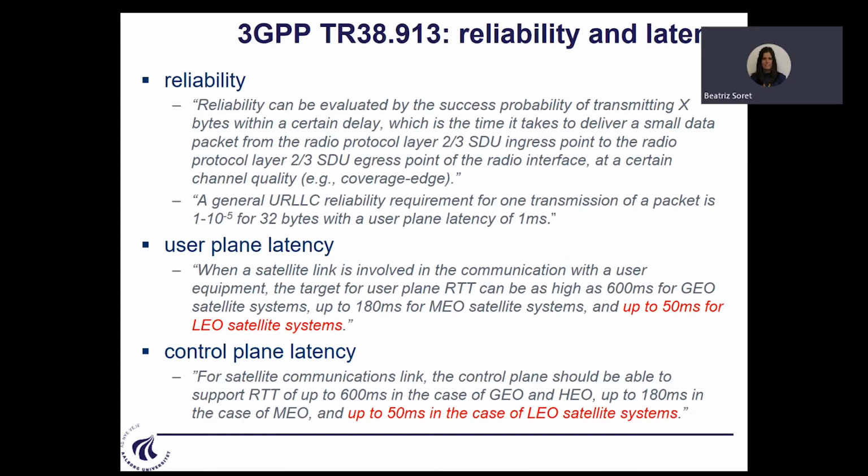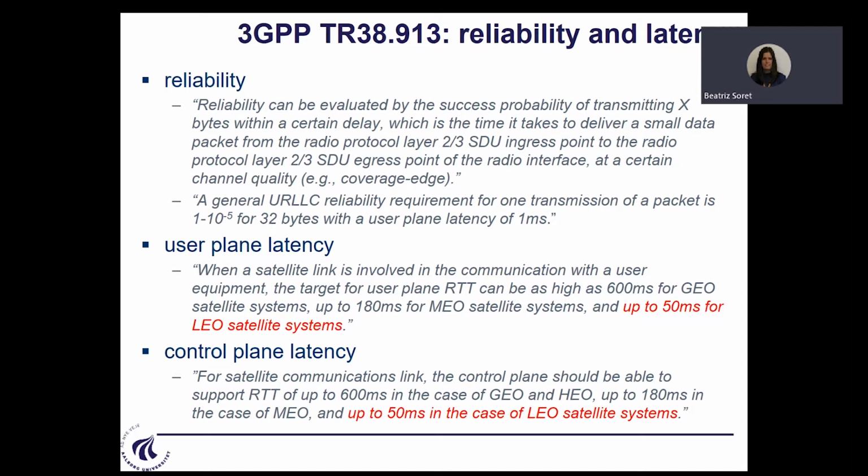Moving a little bit on the work in 3GPP, Cheda mentioned this morning this document where they have the requirements for the 3 use cases, for the 3 connectivity types, URLLC, massive, and eMBB. If we take the text on reliability, there is nothing specific yet about satellite.